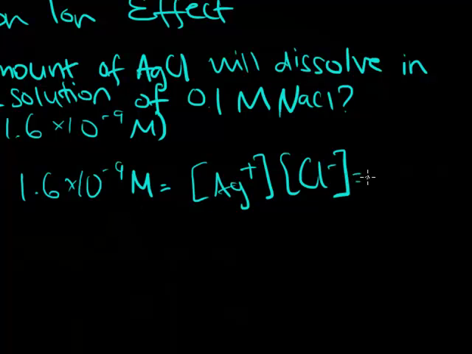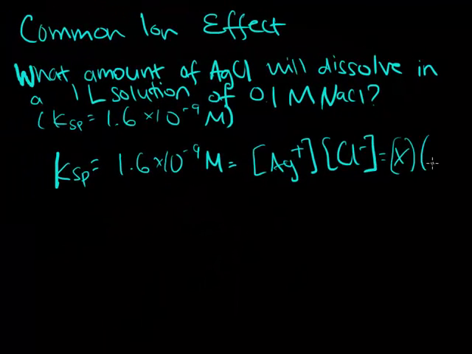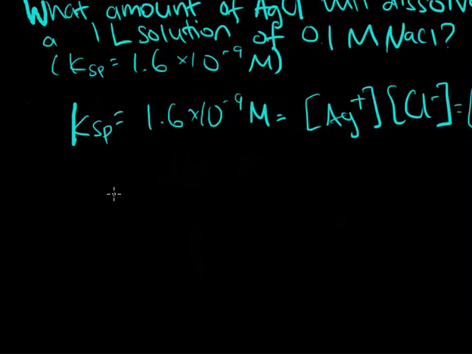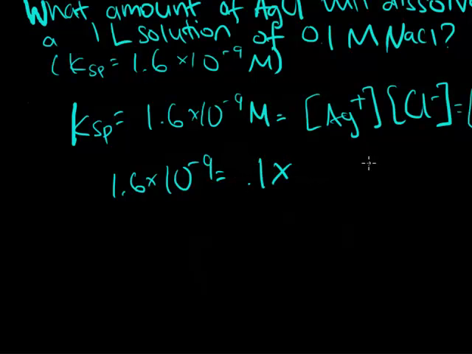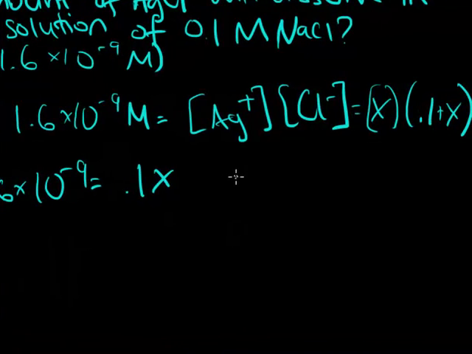If you remember the values from the ice table, you can substitute X for Ag plus and 0.1 plus X for Cl minus. However, X is a really small number, so you can just assume that X is negligible. And so you end up with 1.6 times 10 to the negative 9 equals 0.1 X. And when you solve for X, you'll end up with 1.6 times 10 to the negative 8.